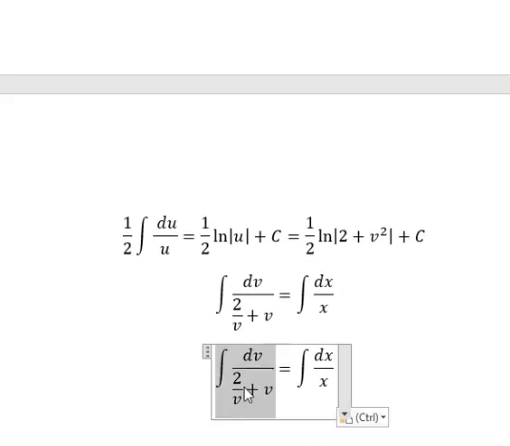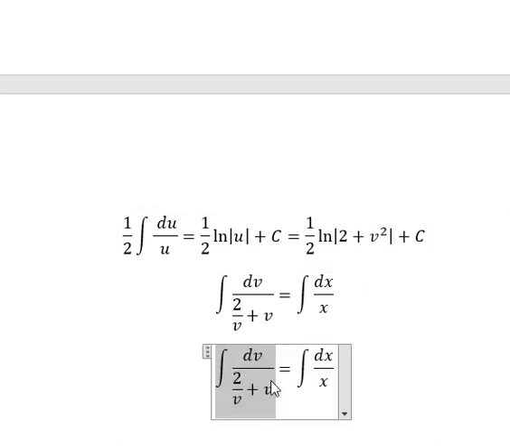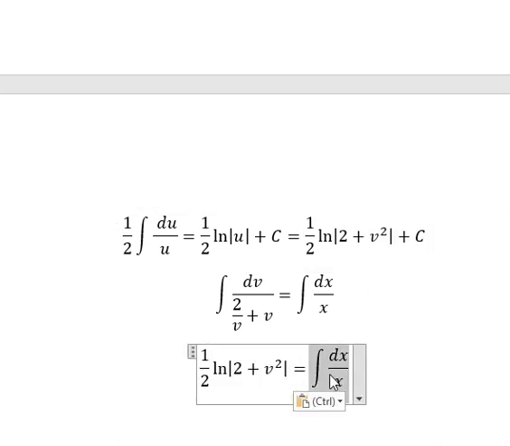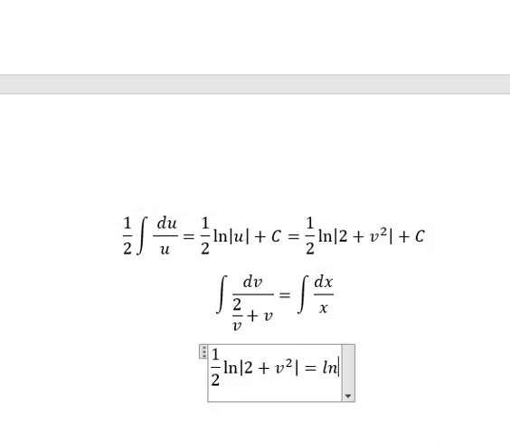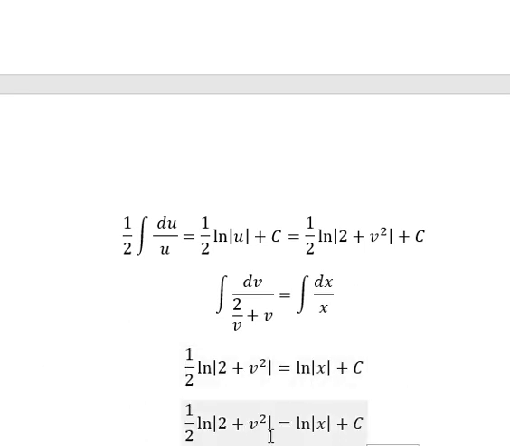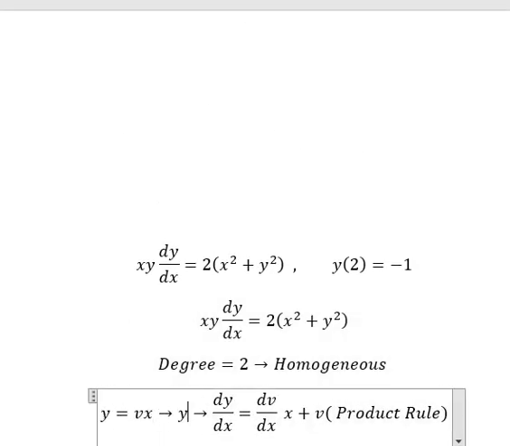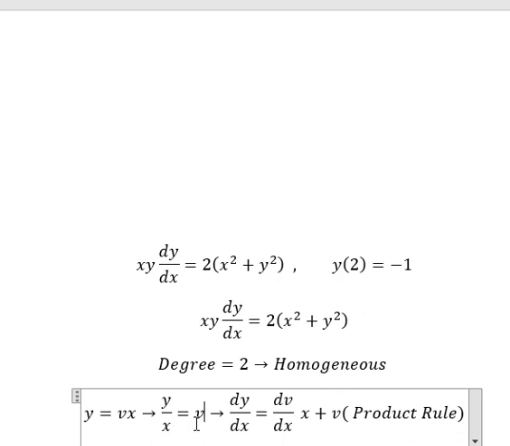The integration of this one, we have Ln of the absolute value of s, and I will put c. About v, that is this one. So we need to divide both sides by s. And now we need to change v into this one.